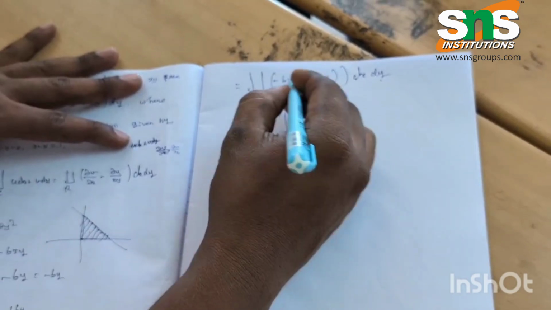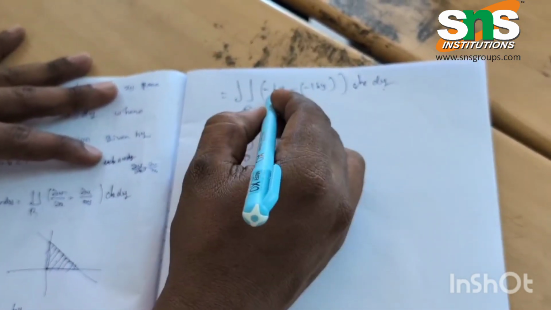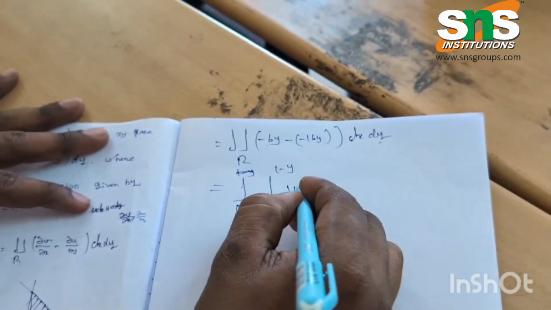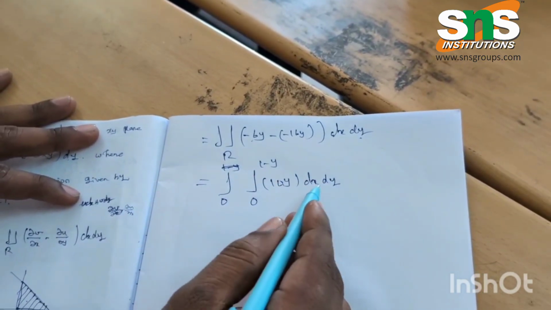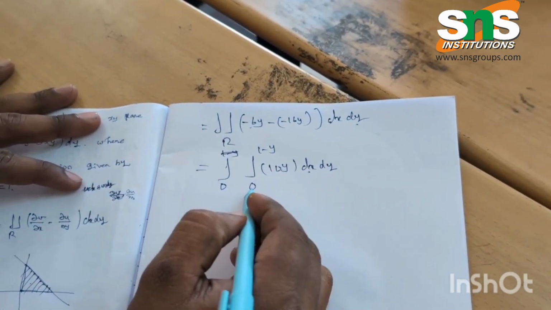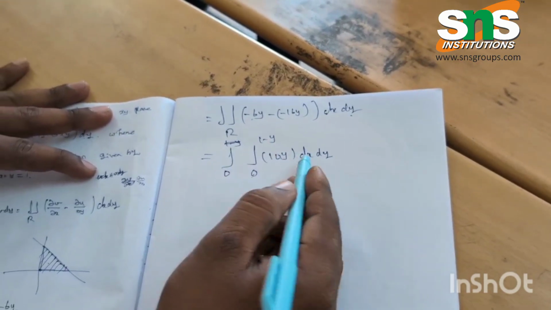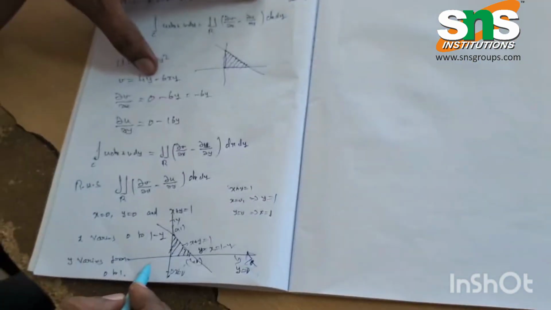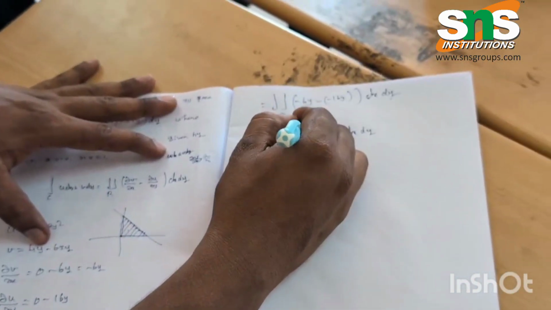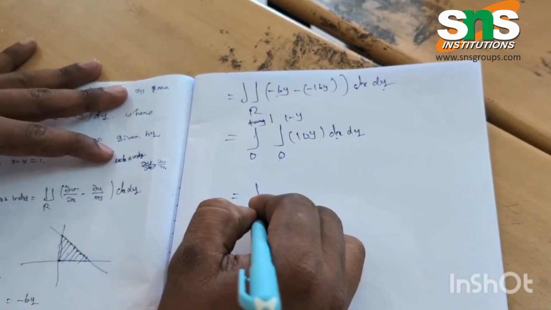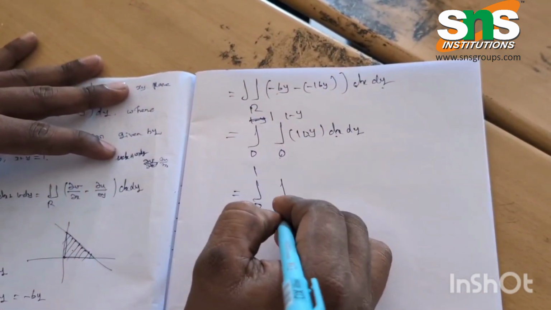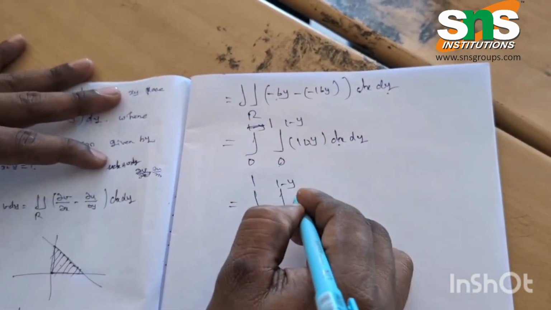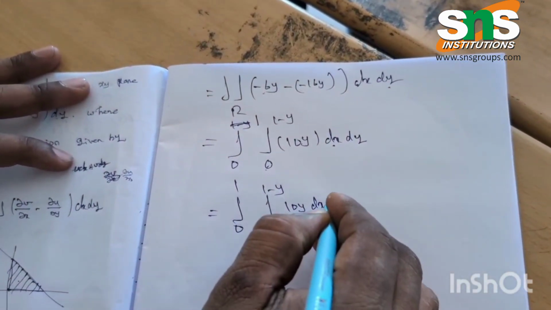The value is 10y, since 6y plus 16y is 10y, dx dy. So indirectly this is the integral from 0 to 1, integral from 0 to 1 minus y, of 10y dx dy.